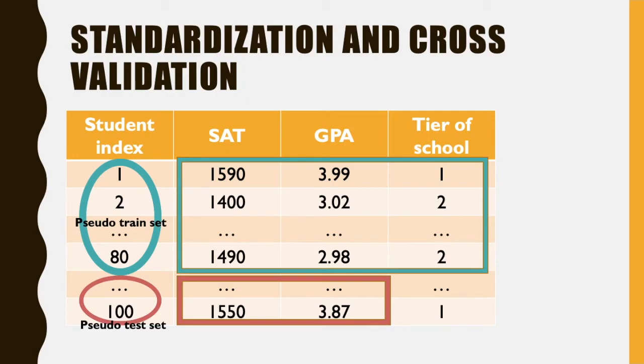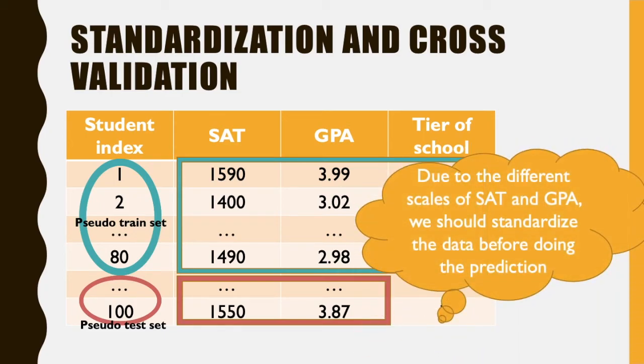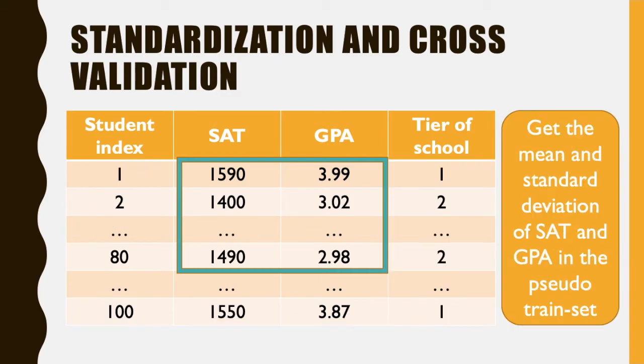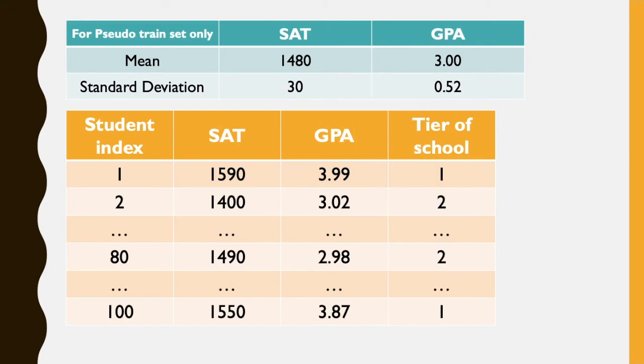Now, take a look at the scale of SAT and GPA. The former is much larger than the latter. Therefore, we should standardize the data. Proceed by computing the mean and variance of the SAT and GPA of the 80 students in the pseudo-train set. Here you are. I have computed the mean and standard deviation.